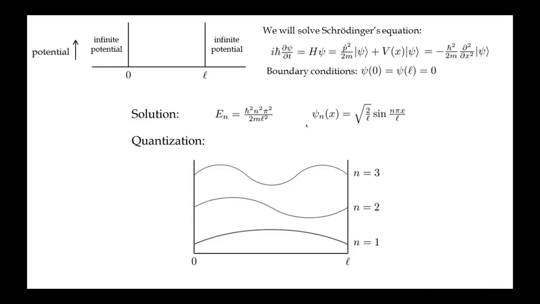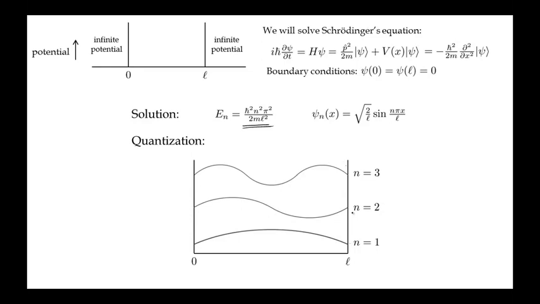These are the eigenstates of H. These are the wave functions with definite energy. And what's the energy? Well, that's the corresponding energy. So these wave functions have an increasing energy, proportional to n squared, so 1, 4, 9, etc. And these particular eigenstates are like standing waves, right?